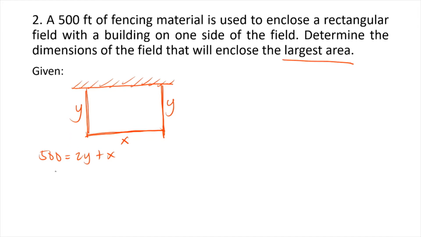Therefore, the primary equation is the equation for the area of the rectangle, and that's the length times the width, or in this case, x times y. Then we are required to find the dimensions, x and y, at maximum area. Again, the equation for the area is our primary equation.